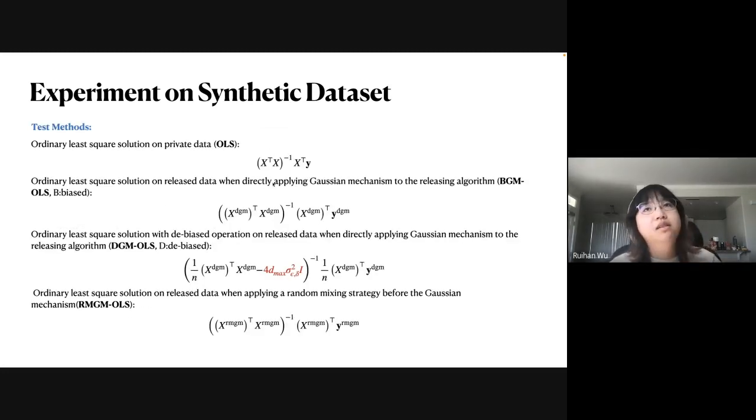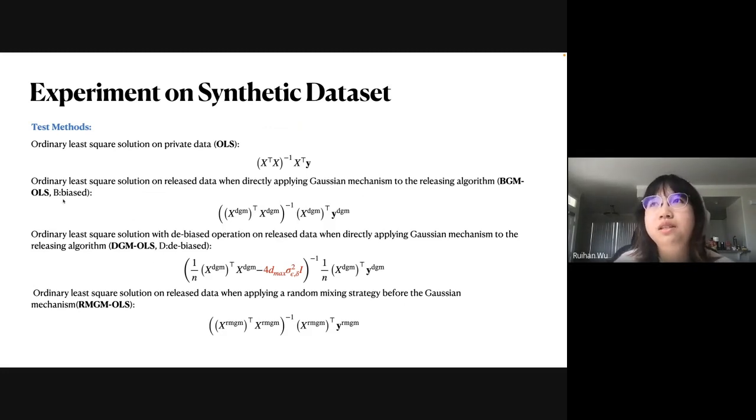These are the methods that we measure for this experiment. The first is OLS directly on private data. It is treated as an upper bound for the result after the privatization algorithm. The second is the ordinary least squares solution on released data when we directly apply the Gaussian mechanism to the releasing algorithm.